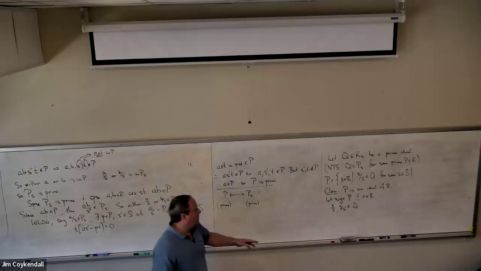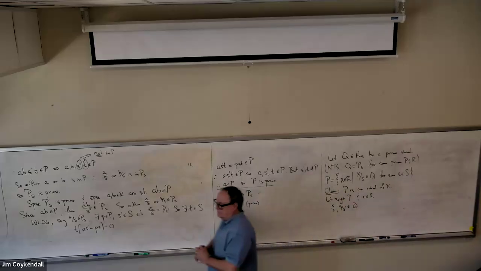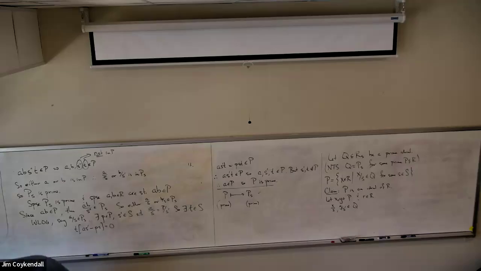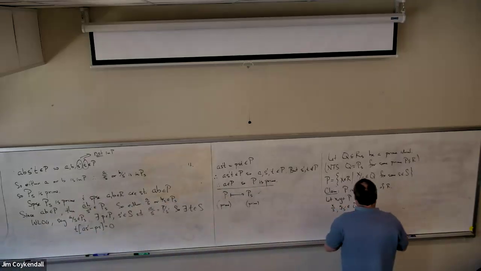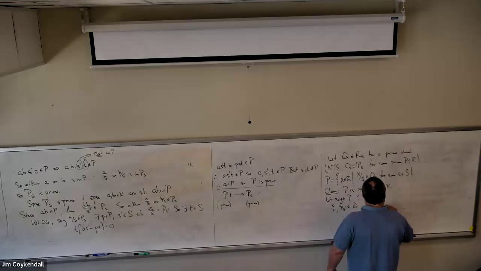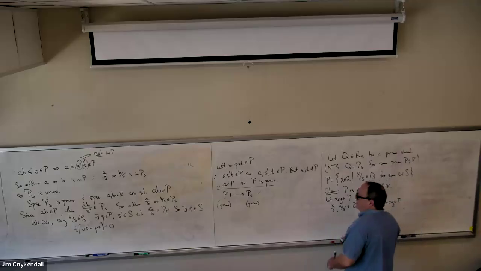Because that's by definition where I get x and y from. So now I want to show that this is in fact an ideal. So I want to show that x plus ry is in P.